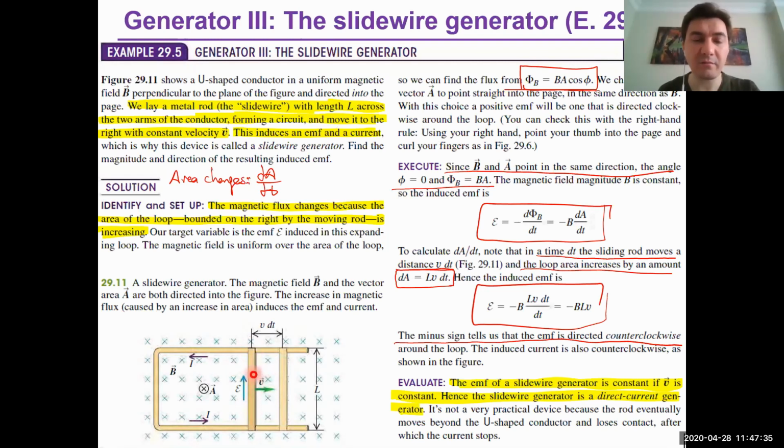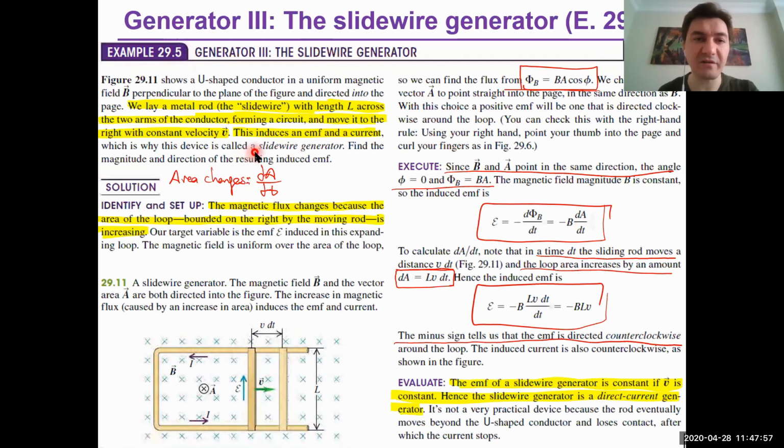There is no current at the beginning. I just complete the circuit. Then I move that slidewire to the right side with some constant velocity. This induces an EMF and a current.